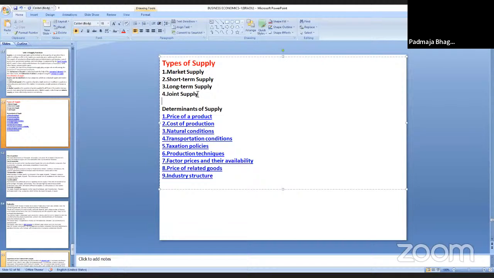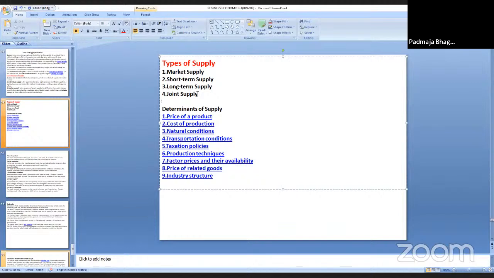Short-term means it will not be very long, only a couple of days or a couple of months at most. Long-term will be more than that. We'll take a project like that. And joint supply. Joint supply means you will be supplying the goods in combination with another industry.